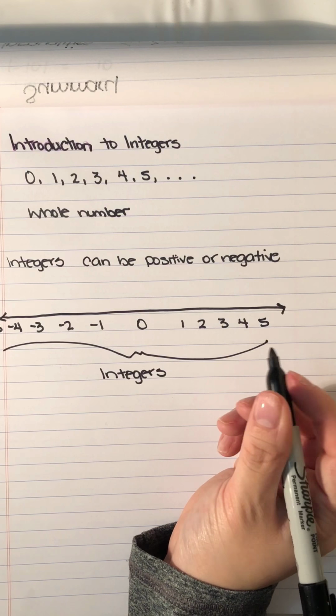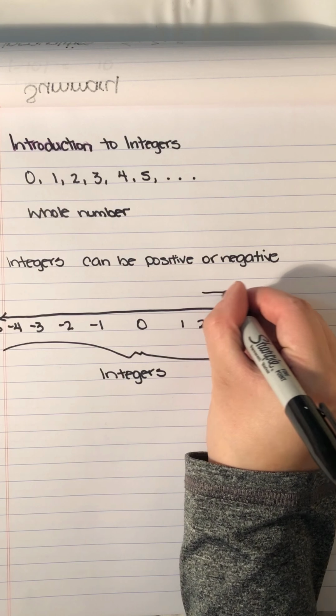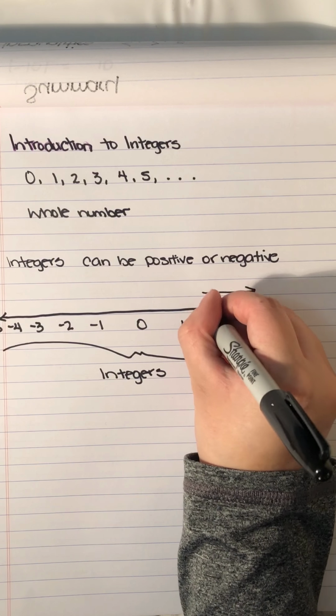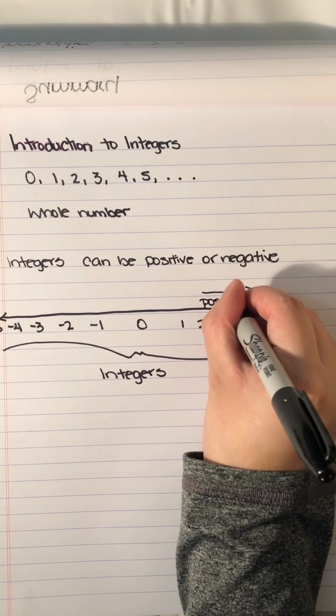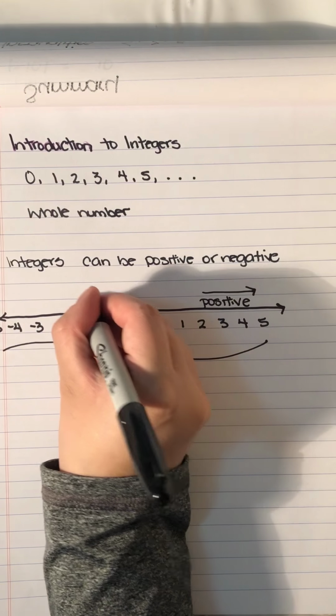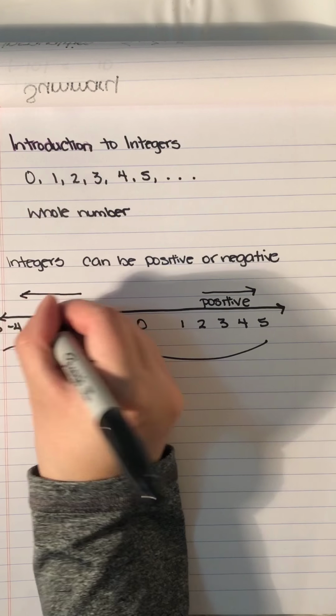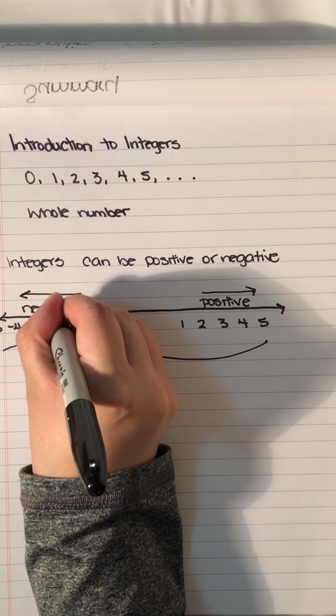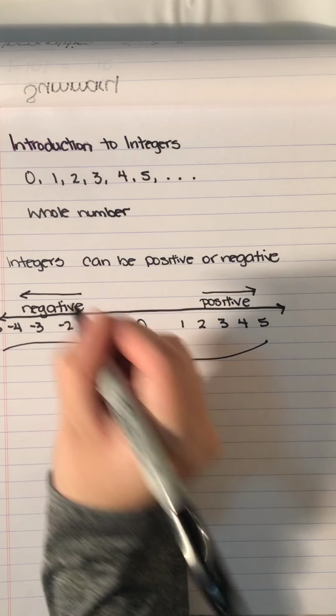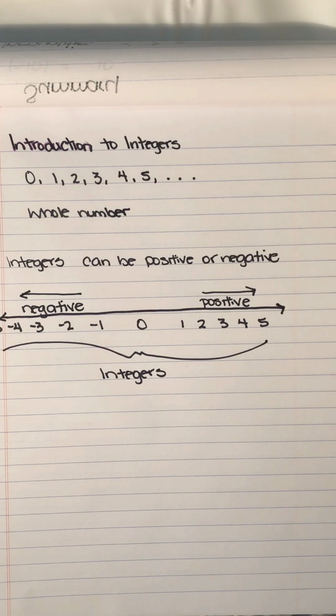Now, when we talk about negative or positive, for example, to the right of 0, these numbers are positive. The numbers to the left of 0 are negative. What if your professor asked, which number is bigger, negative or positive? Well, think about your checking account or your piggy bank.